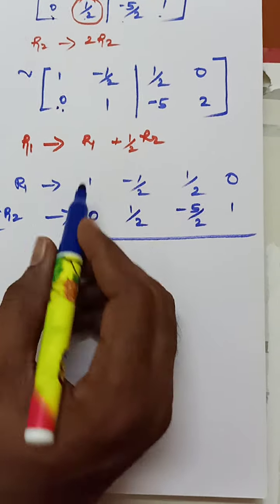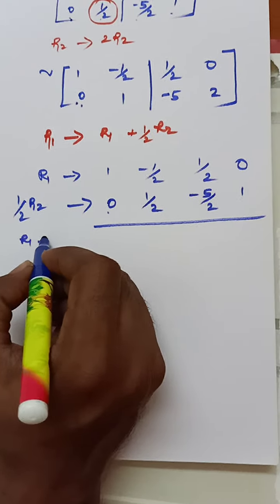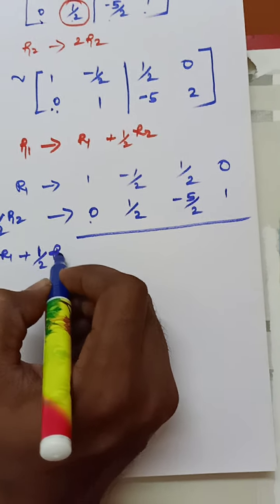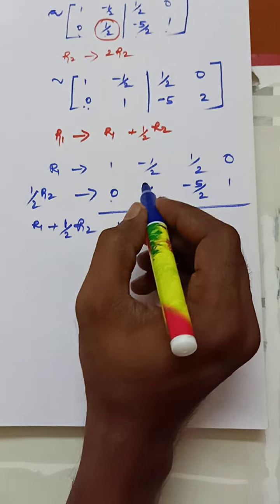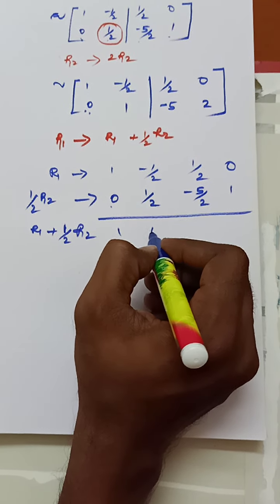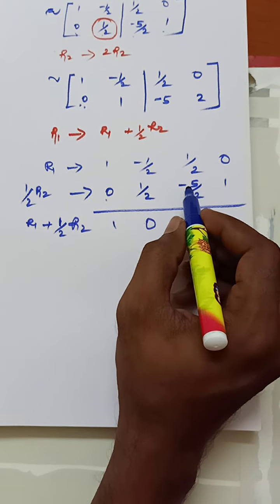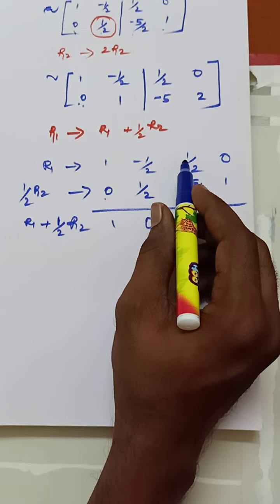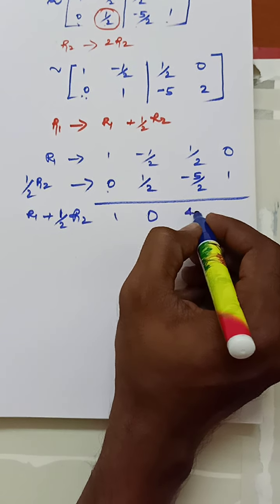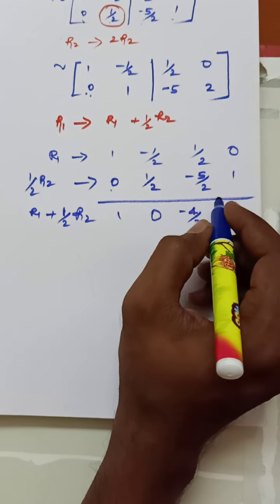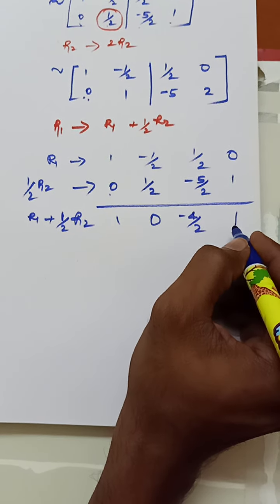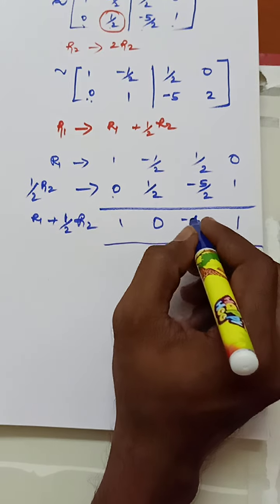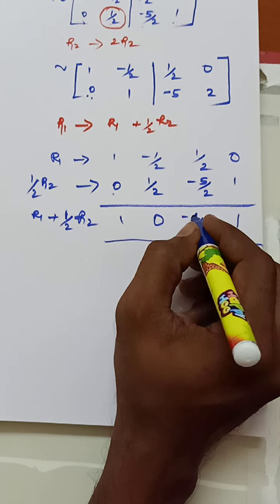Again addition, R1 plus 1 by 2 R2. It is 1 plus 0 is 1, and minus 1 by 2 plus 1 by 2 is 0, minus 5 by 2 plus 1 by 2 will be minus 4 by 2, and 0 plus 1, it is 1. Do you understand? Minus 4 by 2 plus 2 is minus 2.